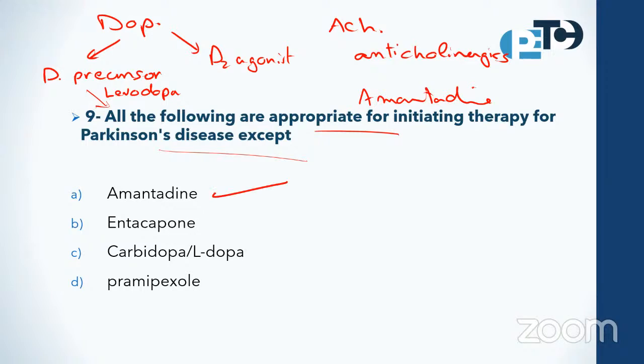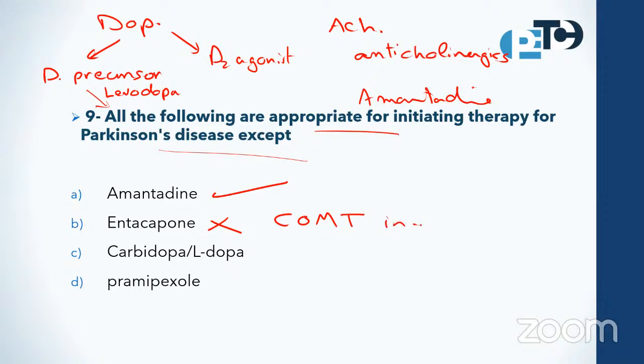No, it is used as an adjunct. It is not for Parkinson's on its own. If we use it alone, it is like when we use carbidopa alone. Carbidopa alone is not for Parkinson's. We use this drug as an adjunctive therapy in order to enhance the activity of levodopa. Entacapone is a catechol-O-methyltransferase inhibitor.